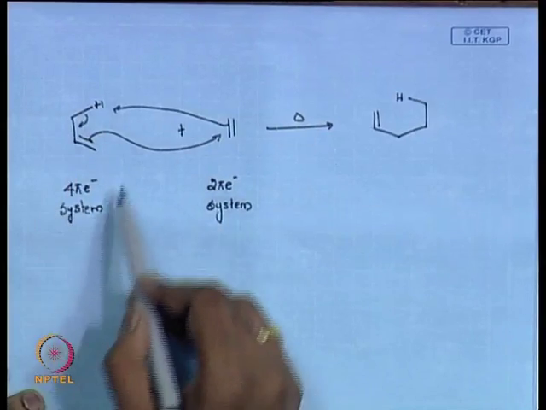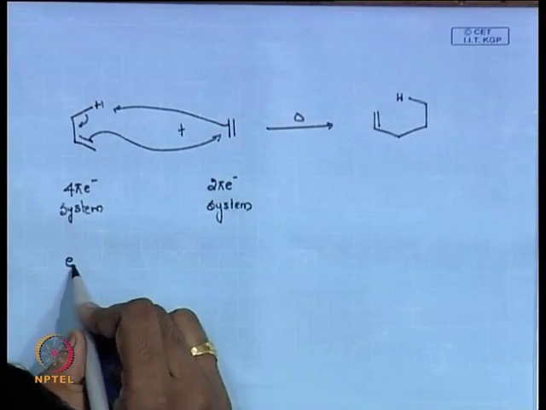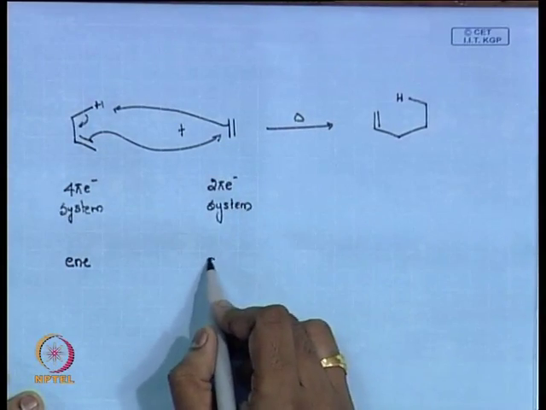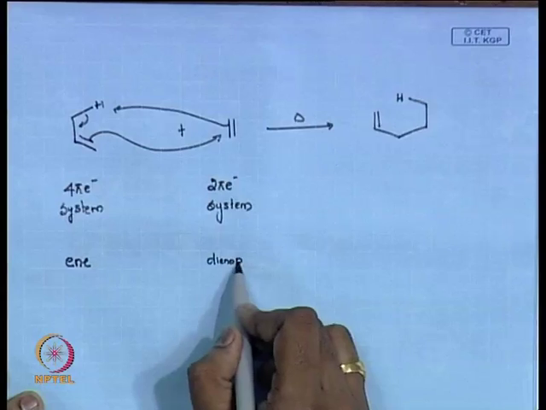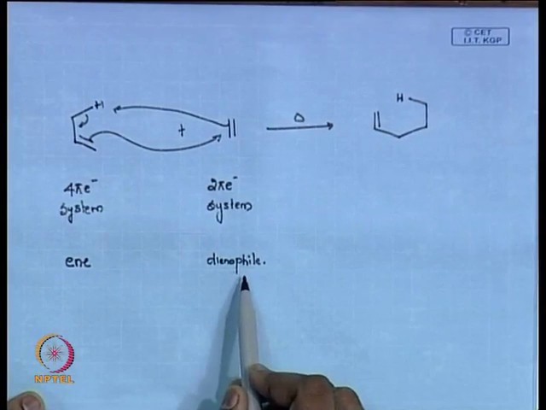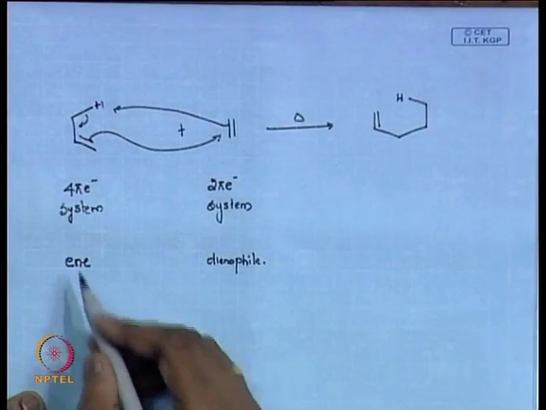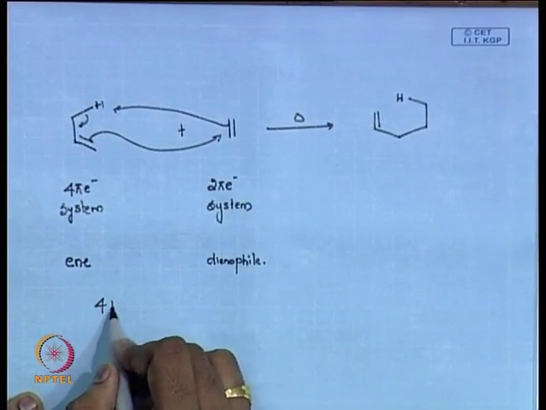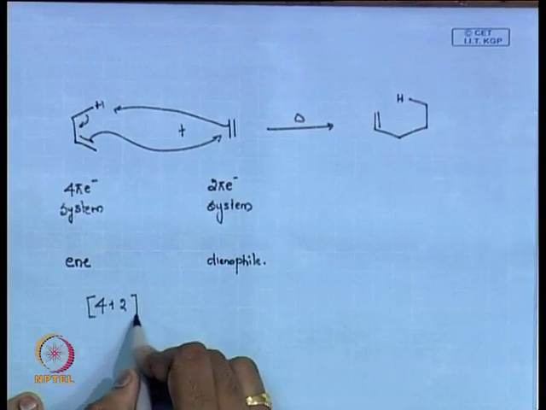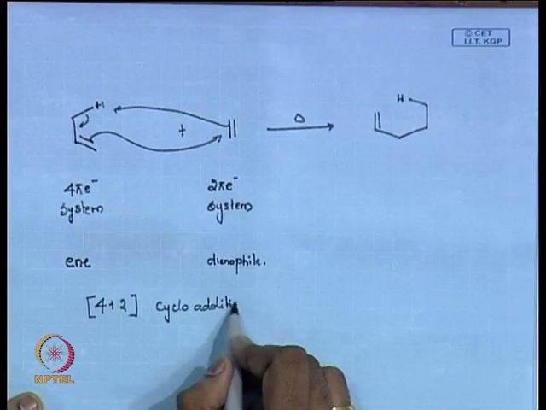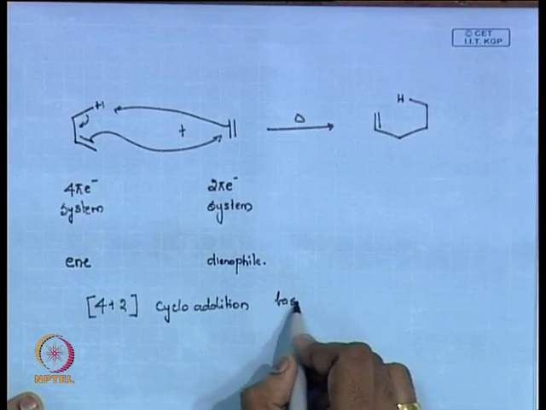In the same way, in this case we call it an Ene, because it is not a diene system, it is an Ene system, and this we can call similar to a dienophile. So, you have an Ene plus dienophile, and then this addition should be a 4 plus 2 cycloaddition based on the Woodward-Hoffmann rule.